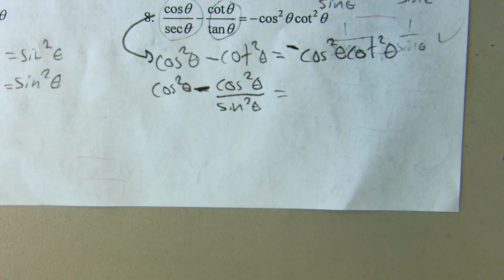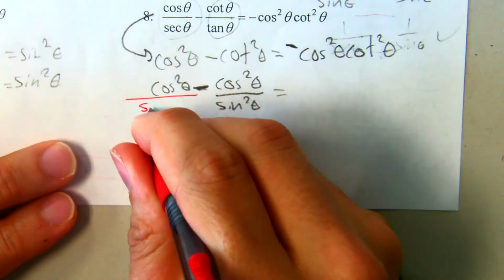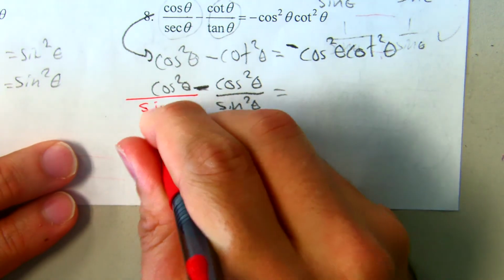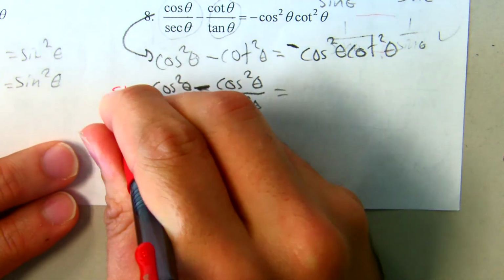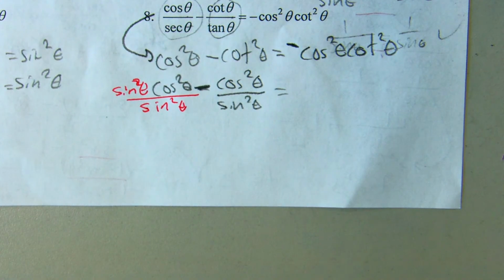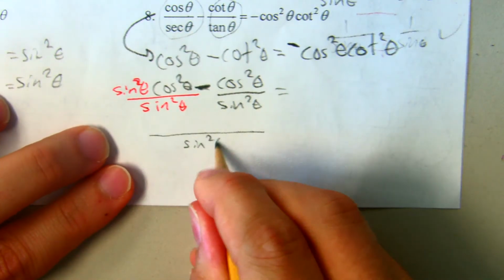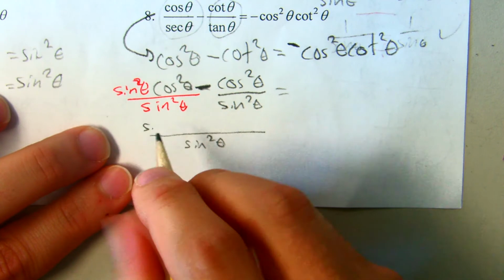Now looking at this, I could say, all right, I've got 2 terms on the left, 1 term on the right. Maybe I'll try to get a common denominator and add these together. So here's what it would look like with a common denominator. Here's what it would look like with this together into one big fraction.